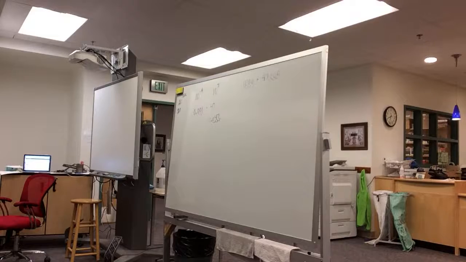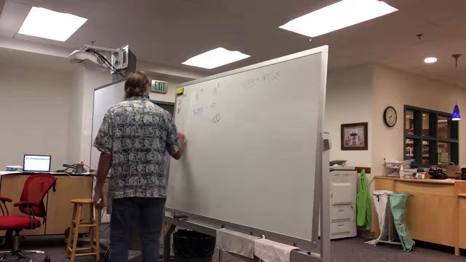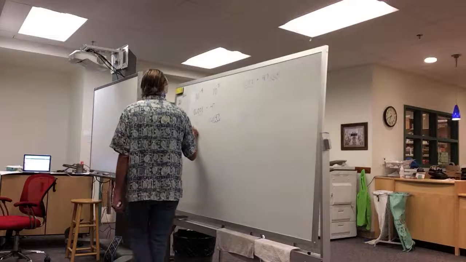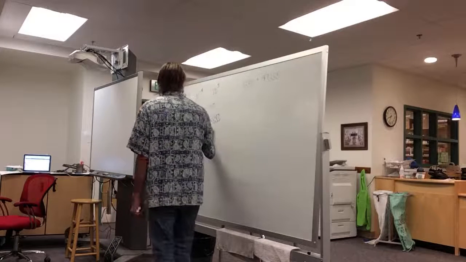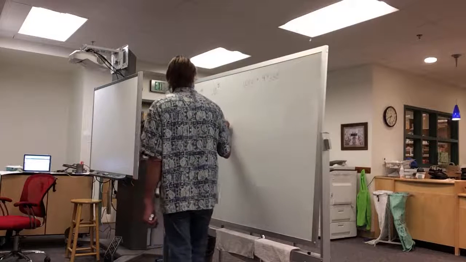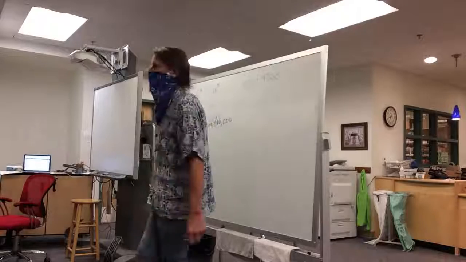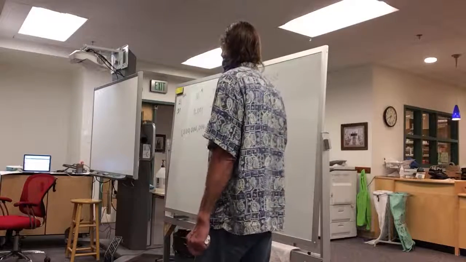So let's see. 1 quintillionth as a power of 10. Oh my gosh. So that's 1, isn't it? That's 1,000, million. What's this? Billion, trillion, quadrillion, quintillion. 18.